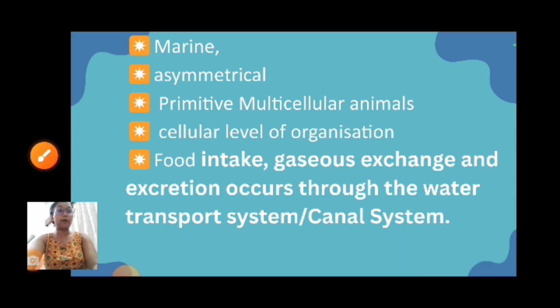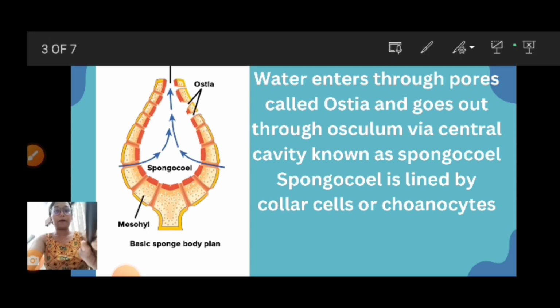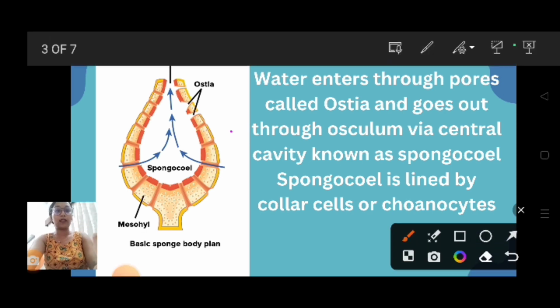Moving on to the next slide. You can see the diagram here. It is showing a sponge. It says that water enters through pores called ostia. Can you see the pores here?